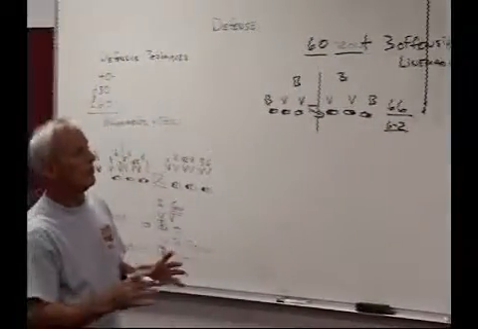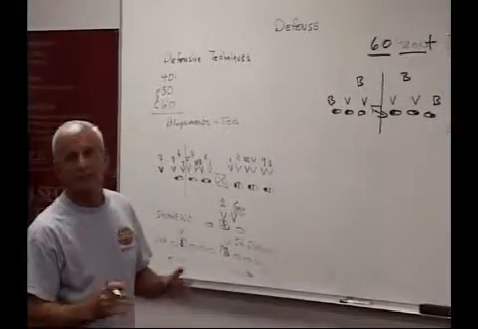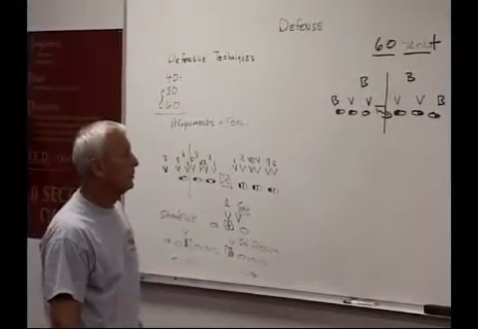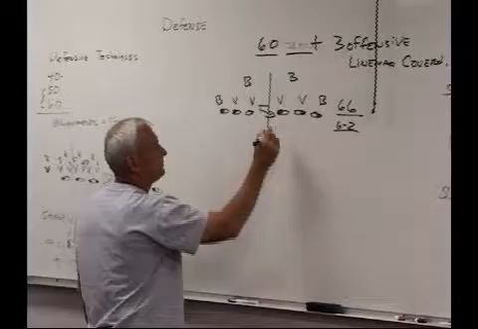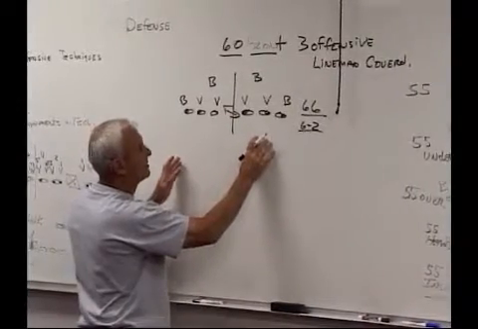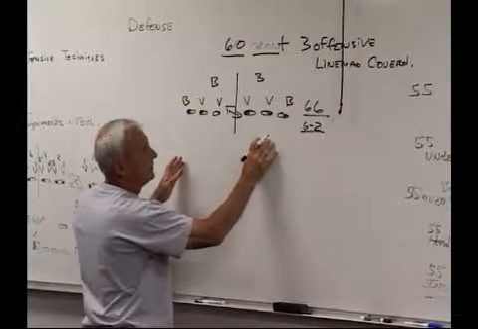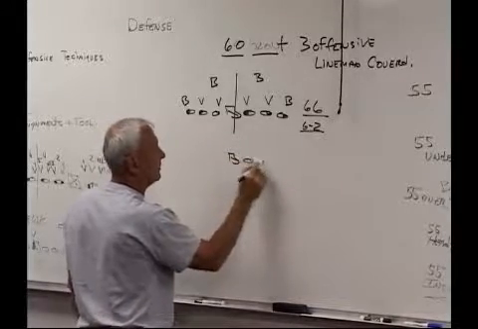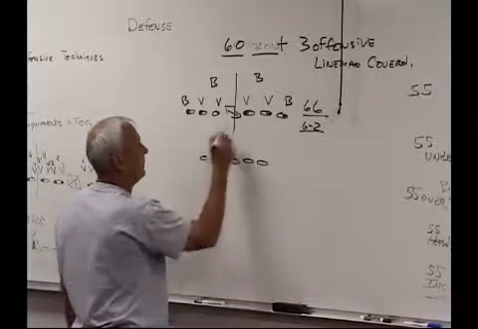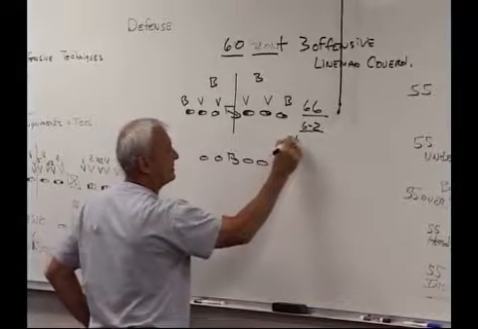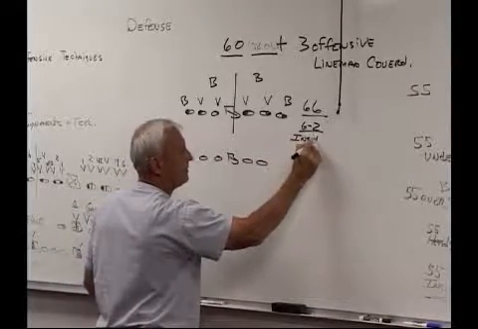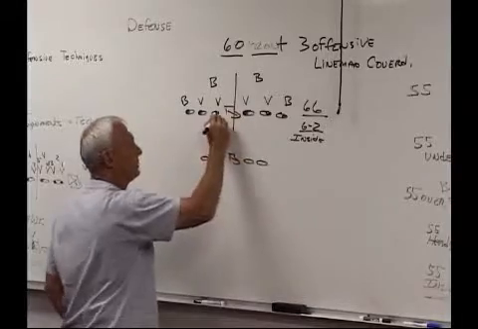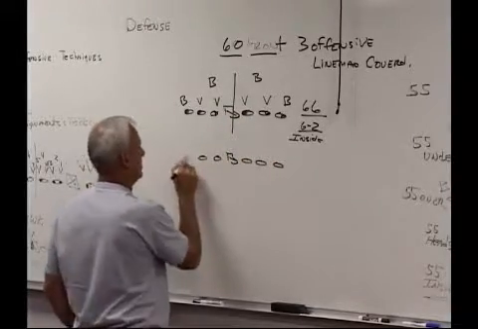I just want you to learn the thing about 40, 50, 60, how these fronts work and how you recognize them. So now we've got a 66 defense here. However you cut it, they can do the same thing. Now that would be basically a 66 inside.